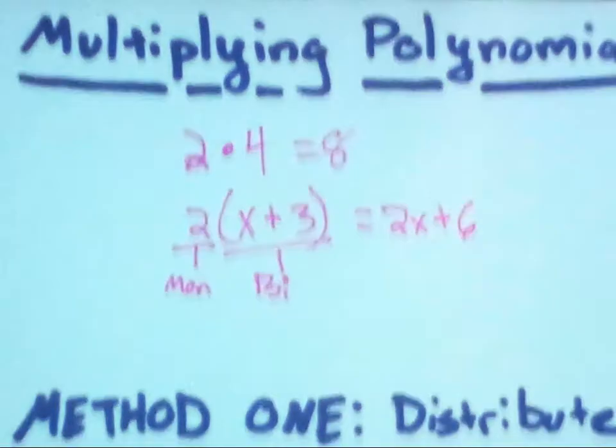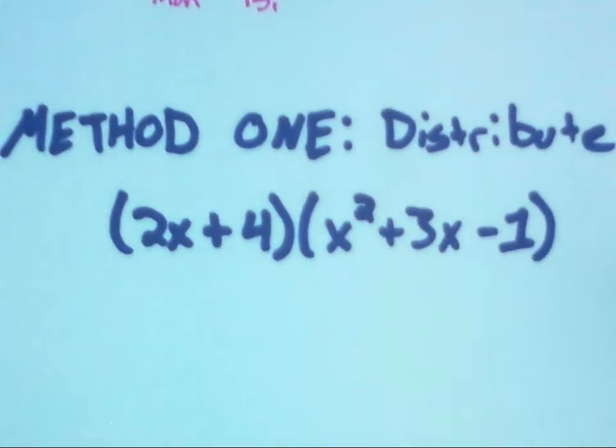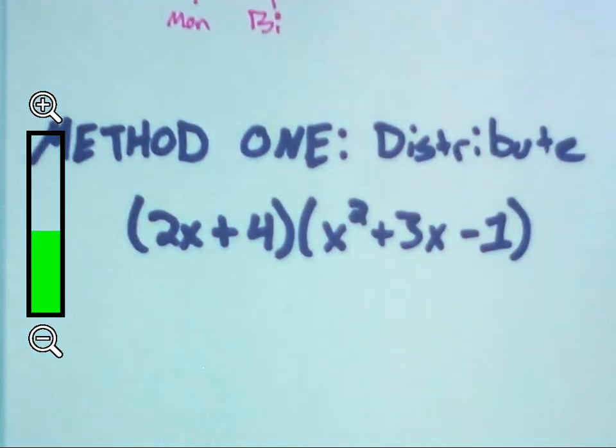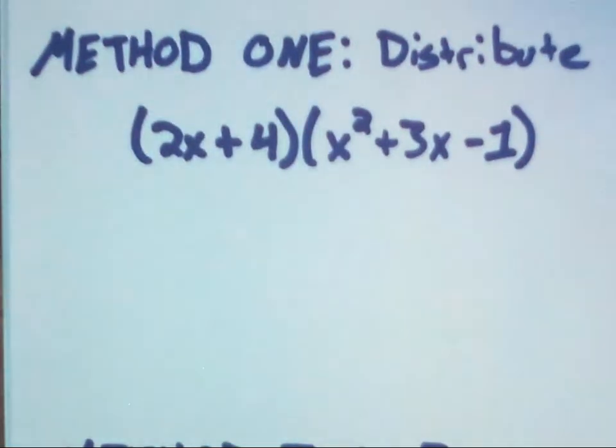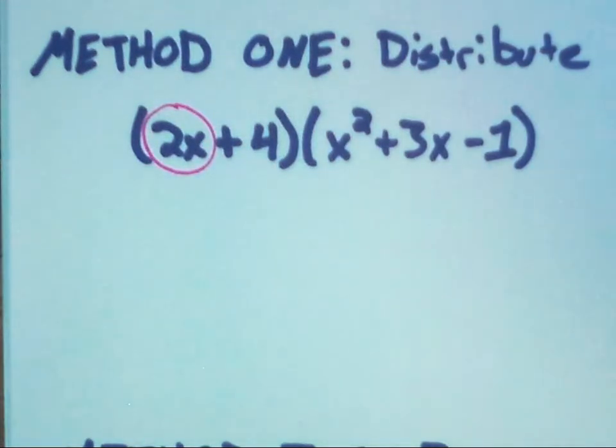All right. So there's 2 methods to approach this. Method 1 is simply to distribute. So what we're going to do is just like I showed you, distributing, except we're going to do it one term at a time. So I'm going to start with 2x. And distributing, the operation associated with it is multiplication.